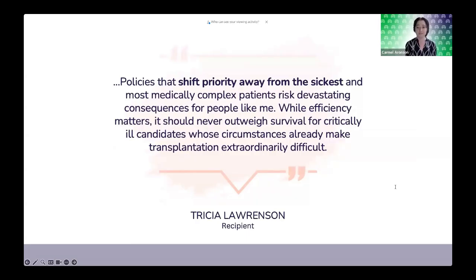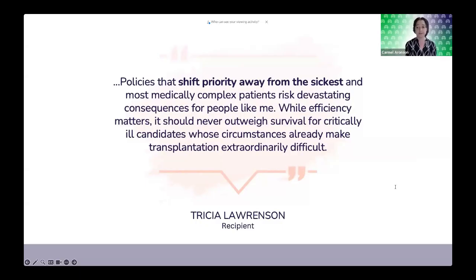Because of that transplant, I am here today celebrating my daughter's 18th birthday and watching her walk across the stage at her high school graduation. I am here for the milestones that my daughter and I almost lost forever. Policies that shift priority away from the sickest and most medically complex patients risk devastating consequences for people like me.